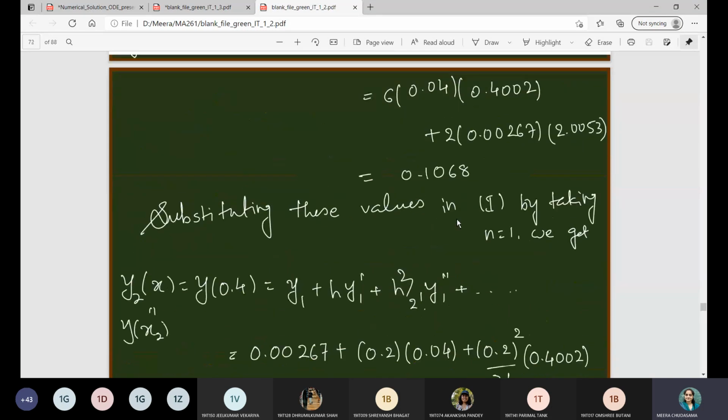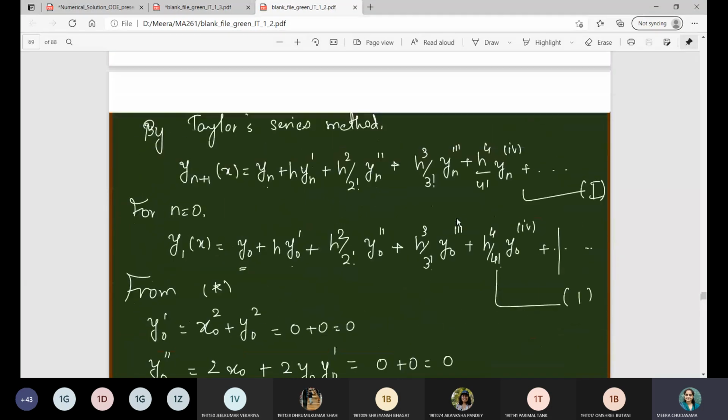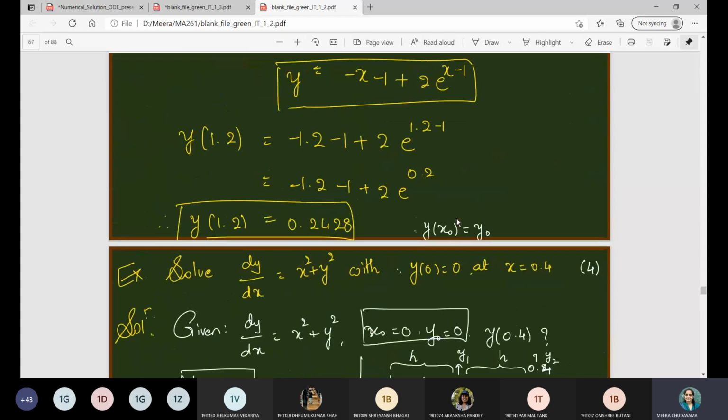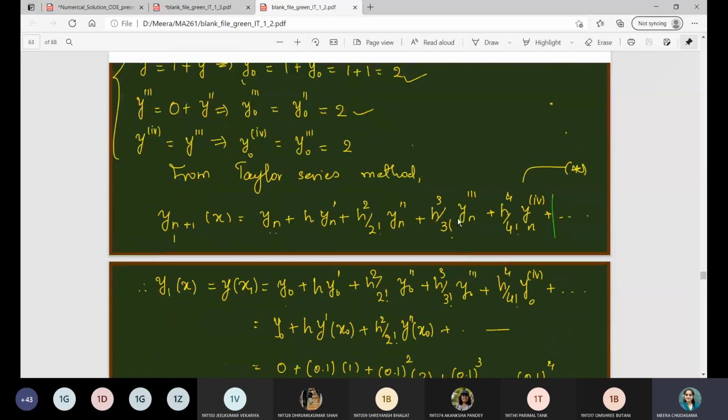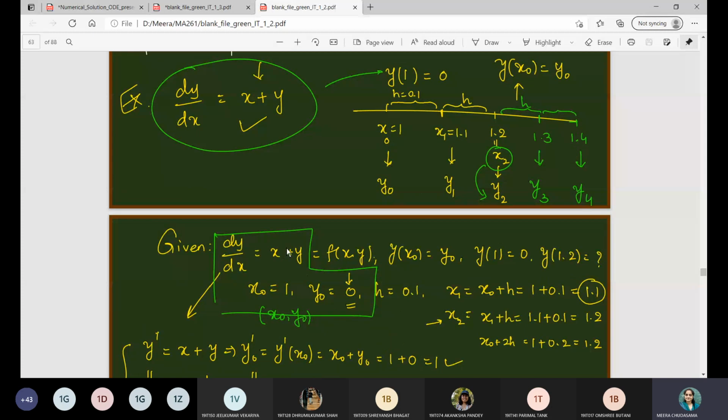No, it is x square plus y square. Yeah, here. See, this is the differential equation we are having. dy by dx is equal to x plus y, in which the initial condition differs from our case.